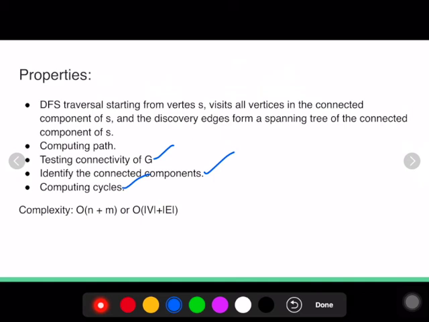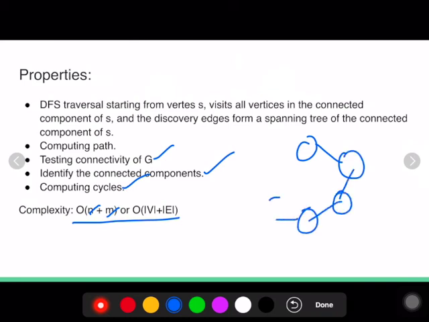So finally, coming to the complexity of a DFS traversal, it is given by order of n plus m, where n is the number of vertices and m is the number of edges. So why is it n plus m? Let's take a simple graph like this. When we do a DFS traversal on this, we have to visit all the vertices and almost all the edges except this edge, because if I take this edge, it is going to form a cycle, so we'll mark this as a back edge.